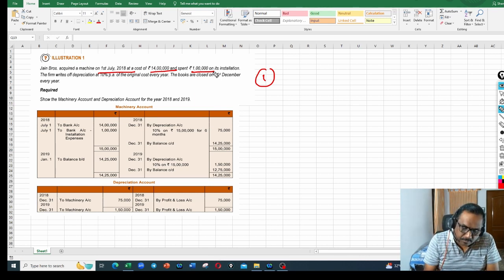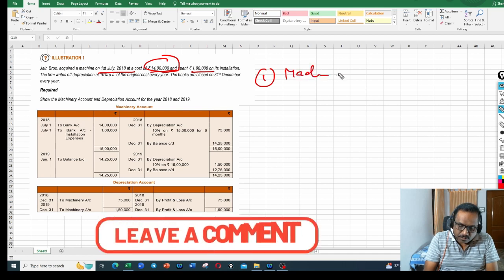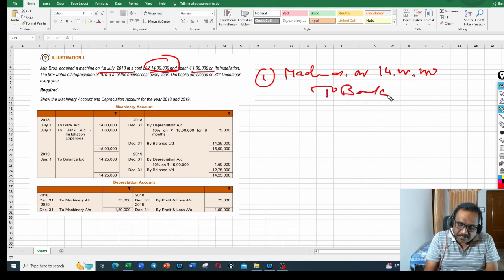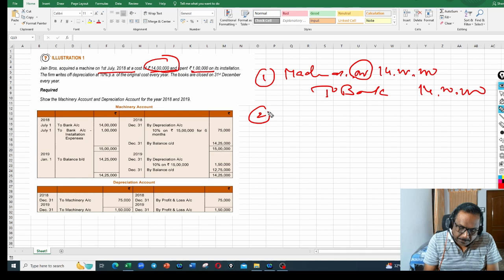First, the 14 lakhs for which we purchased an asset. When we purchase machinery, it is an asset. So machinery account debit 14 lakhs, bank account credit, as we would have paid this amount to the supplier. Second, we also paid 1 lakh installation charges.